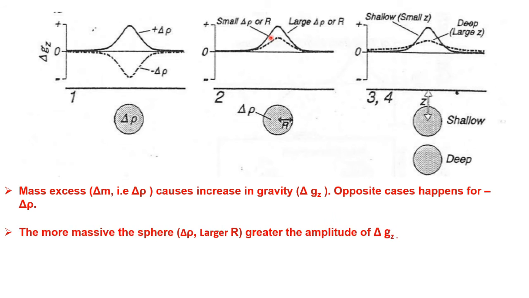Now second case: what happens if the sphere is more massive, that means delta rho is large? From our central peak amplitude value, the greater will be the amplitude of ZZ. For smaller delta rho or delta R, the amplitude of ZZ will be less. Intuitively we can think that for a bigger sphere, the amplitude of the anomaly will be more.